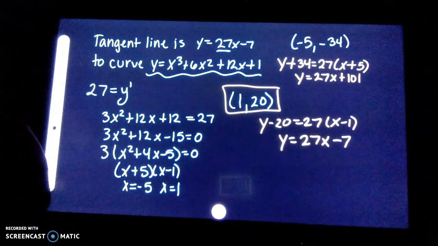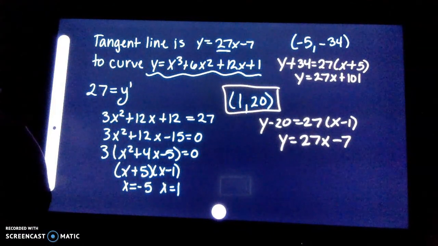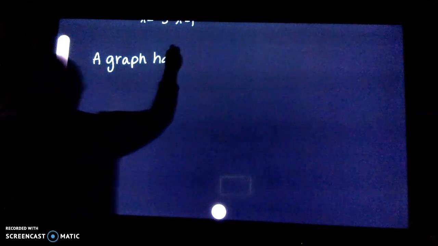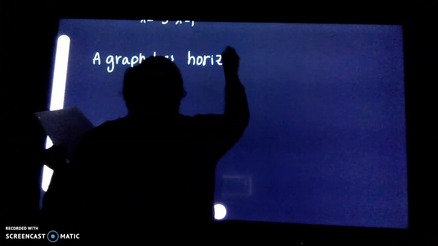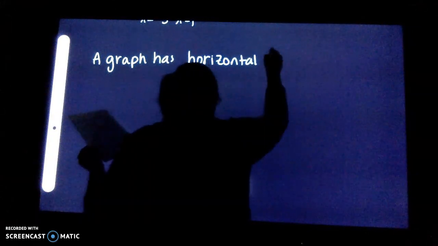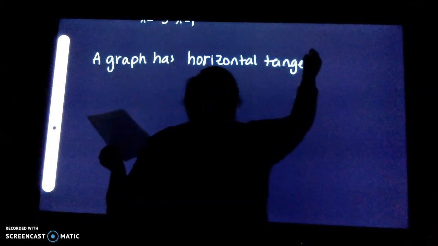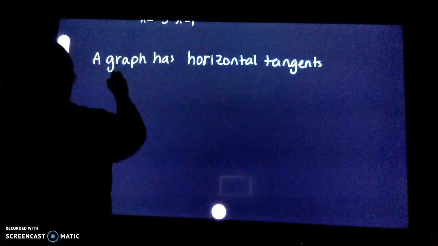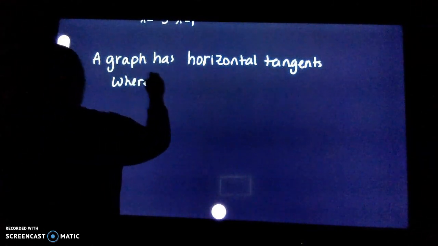The last little piece of information that I'd like to give you is that a graph has horizontal tangents wherever my derivative is equal to 0.